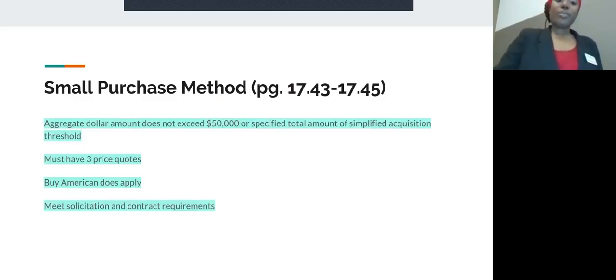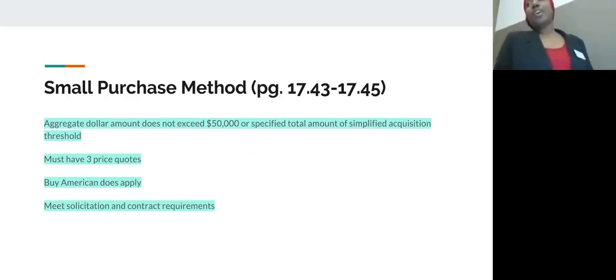All right, so for a small purchase method, really just making sure that the aggregate dollar amount does not exceed $50,000 or whatever is specific according to your school district. So it may not be the 50 grand, your threshold may be different.